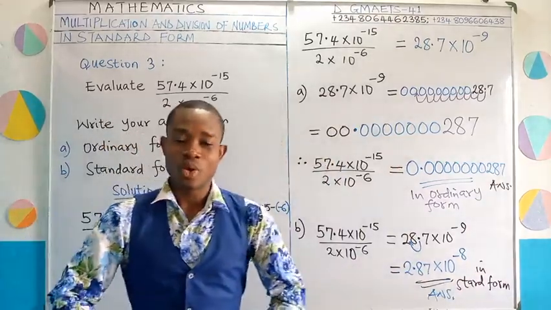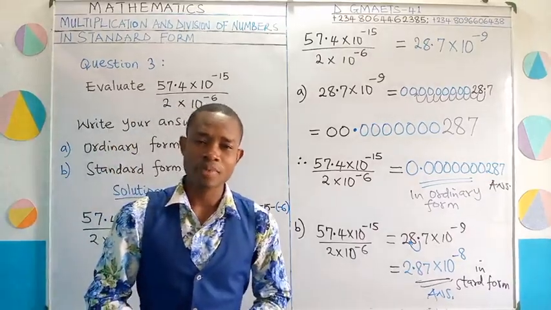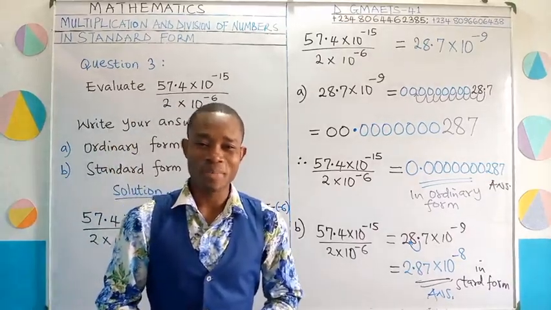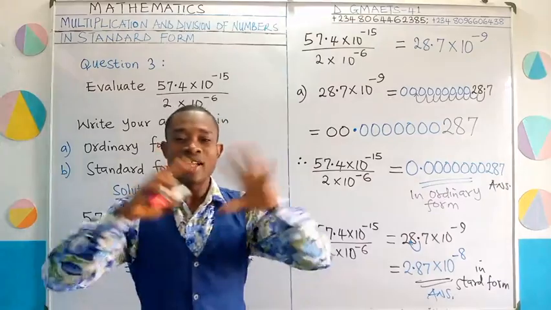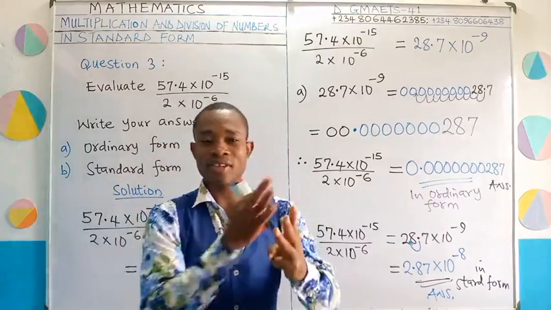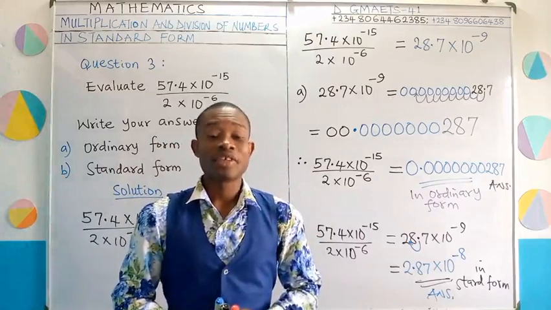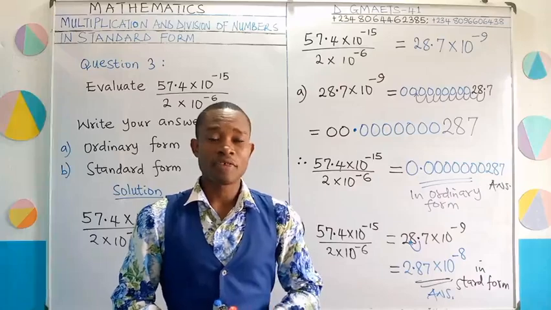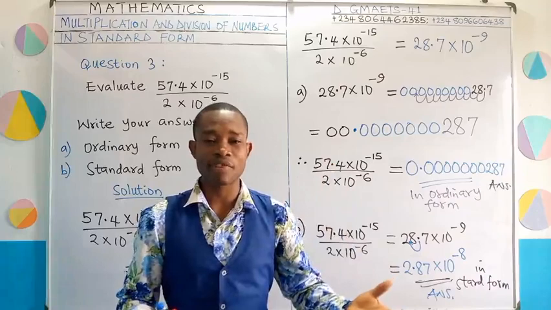We are done with this question number 3. And perhaps, for now, we are putting a stop to standard form and ordinary form. I hope you enjoyed the class. We had 3 different sections, and I hope you understood each of them. You can rewatch the video lessons from section 1 to this section 3. Section 1, just how to write numbers in standard form.